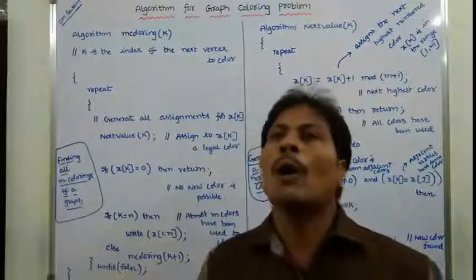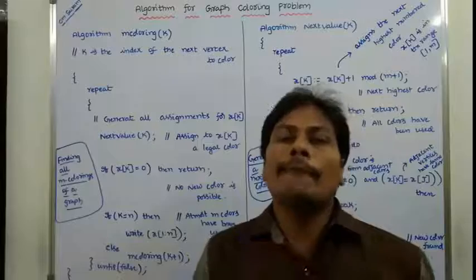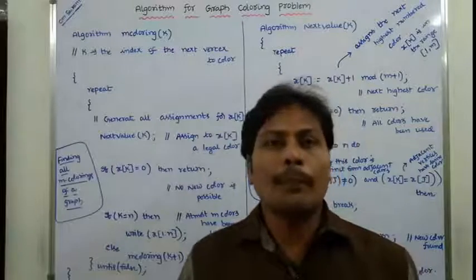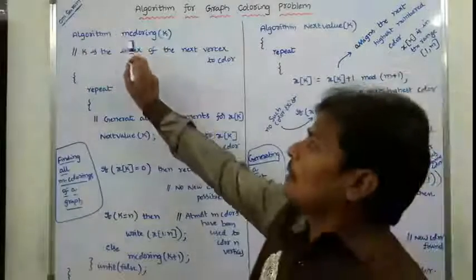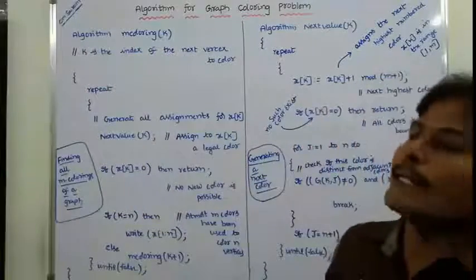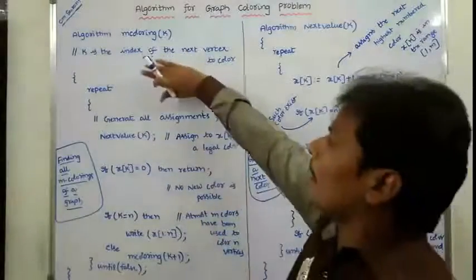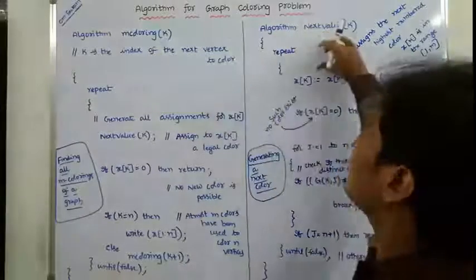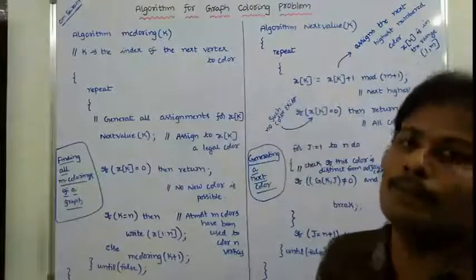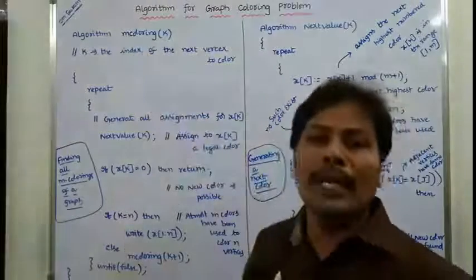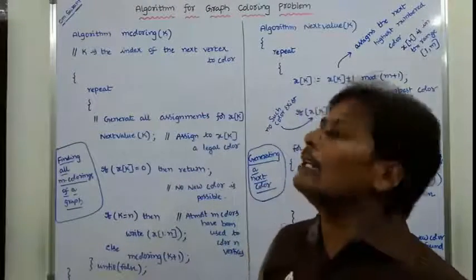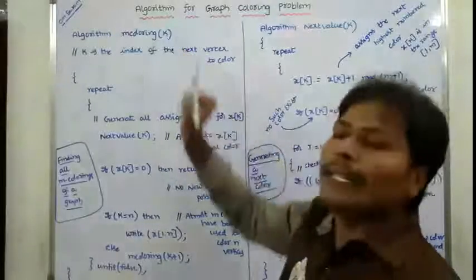Now we go to the algorithm for graph coloring problem. This algorithm contains two parts. This is the first part and this is the second part. The algorithm name is M coloring of parameter k.